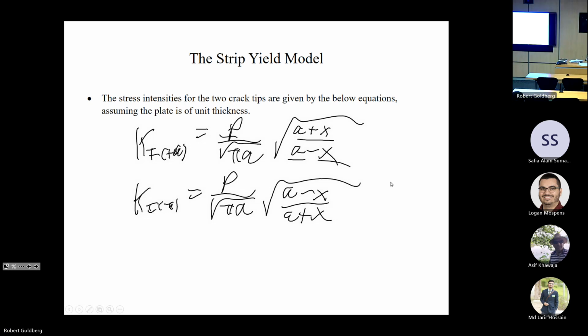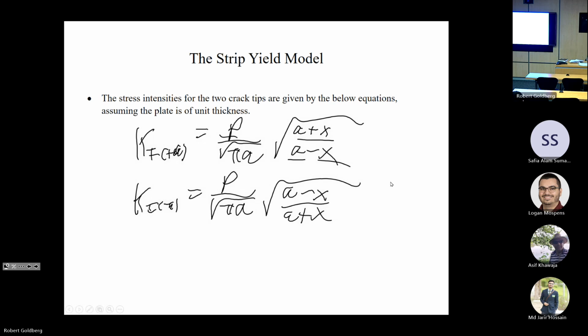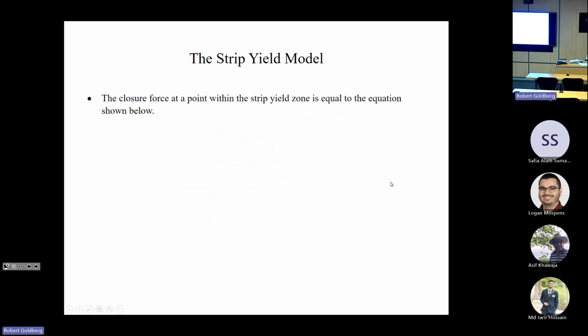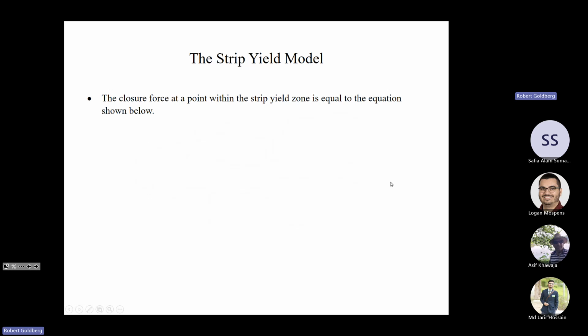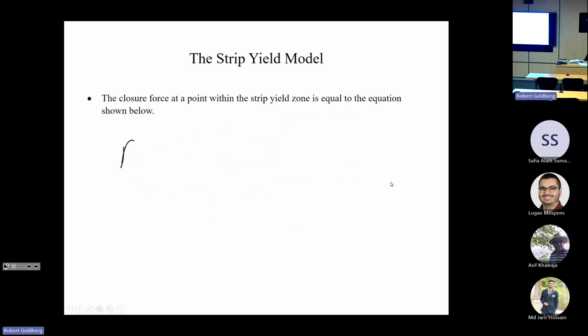Now, we can say that the closure force we're talking about is where we relate to stresses. We say that our stress is equal to the negative of the yield stress times dx, so our stress times the distance, in a through-thickness plate.